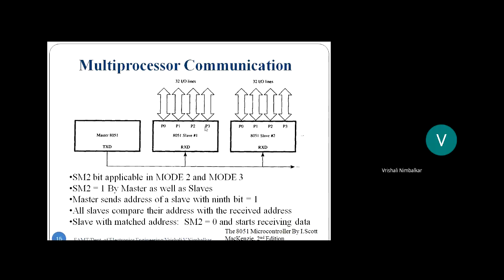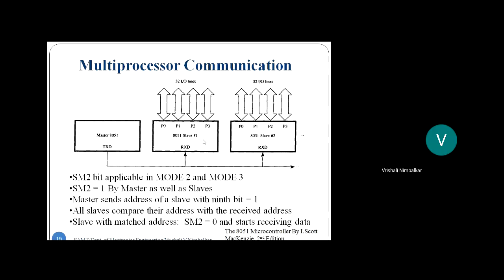If there are 10 slaves connected, the address will be received by all the slaves. Again, the address is also sent serially. Okay. So the first step is that the SM2 bits of the master as well as the slaves are set. Second step, the master sends the address, and this address is received by all the slaves.